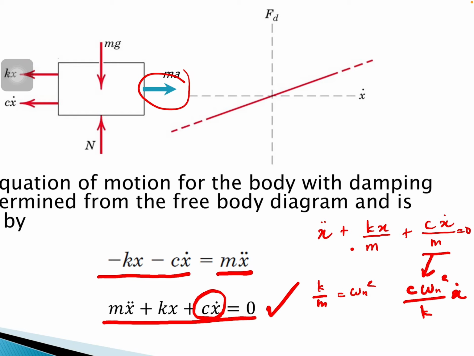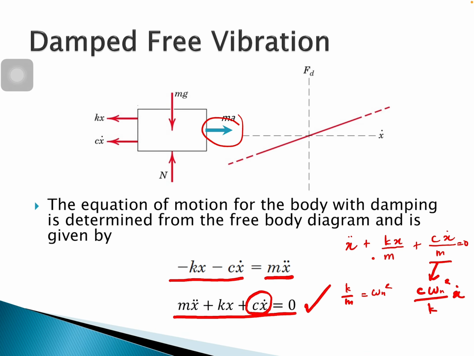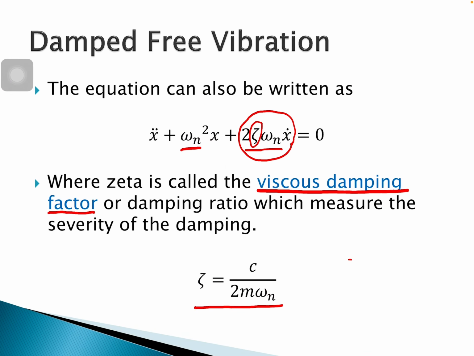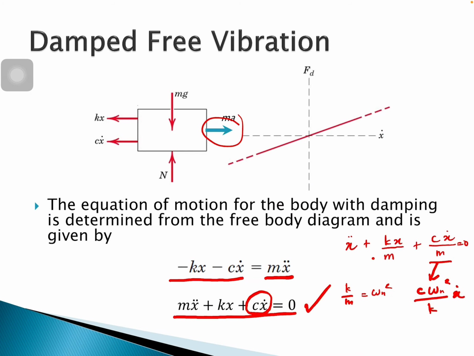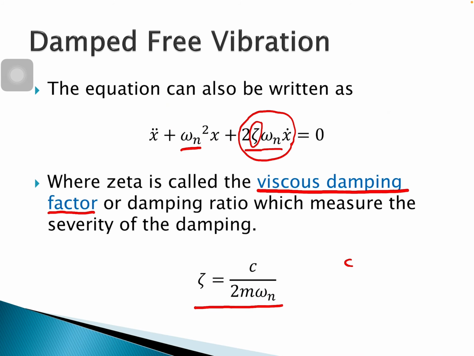Alright, so remember c omega n square over k.